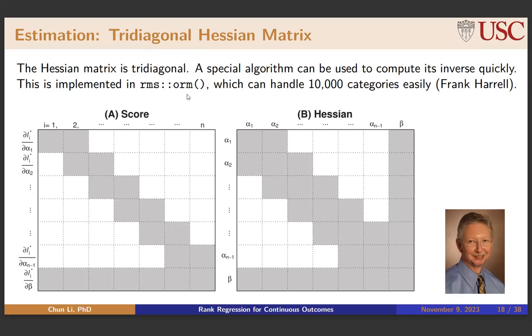There are some other ordinal data analysis software packages, but they don't calculate the variance covariance matrix for the parameters. And we do need the variance covariance matrix to do downstream inference, like plotting confidence bands, things like that. And there are many parameters, so calculating that would be a huge task, and he managed to do it in his package.